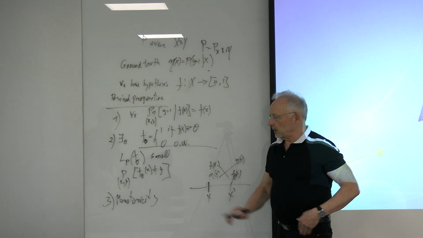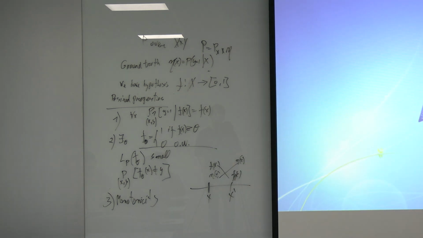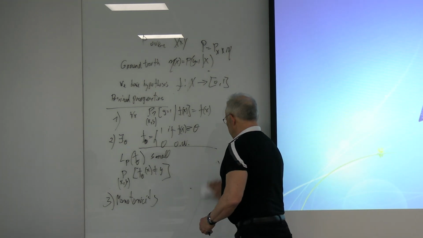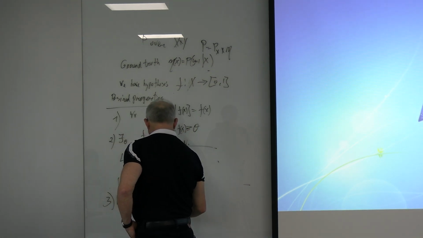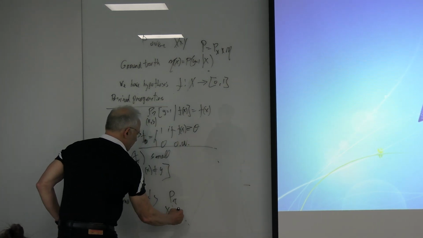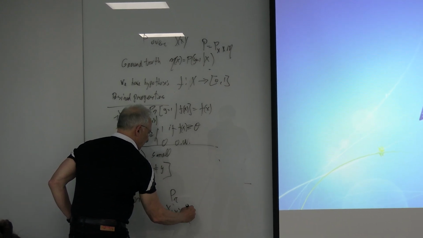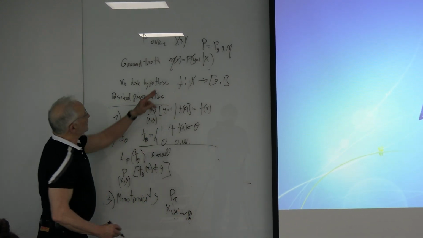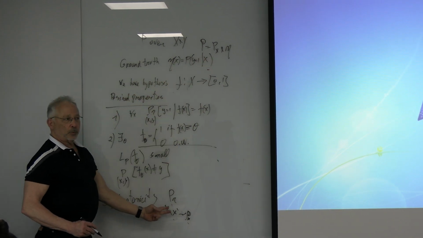So how can I write this monotonicity? I can write it as saying that the probability over x and x prime, which I sample from px, remember px is the marginal, the projection on x, so I sample 2 points.